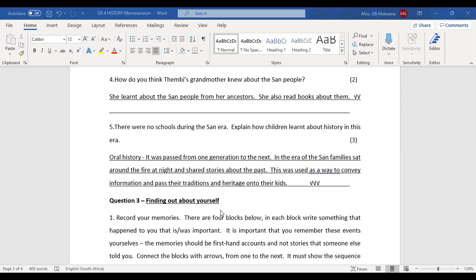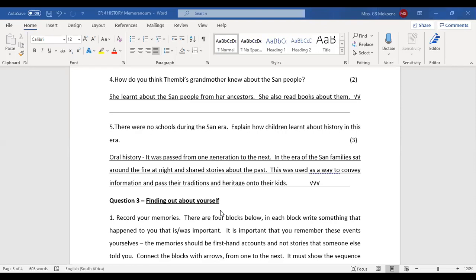Okay, so in the era of the Sun families, the families sat around the fire at night and shared stories about the past. Okay, and then they tell you how things were like. That's the way they were learning.